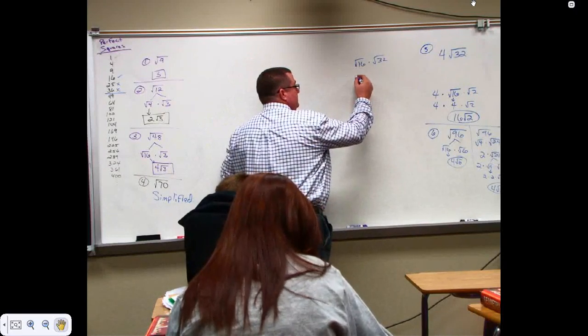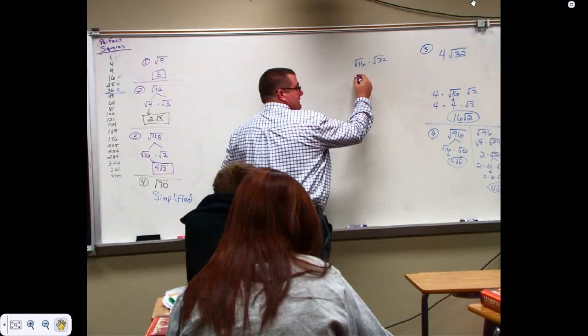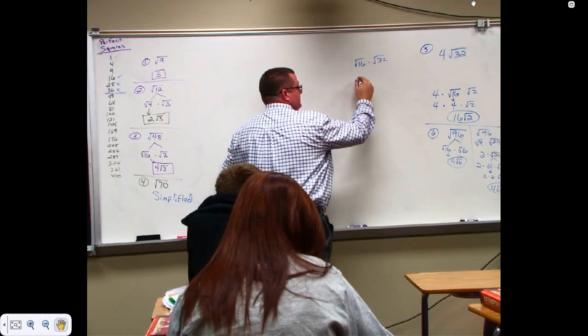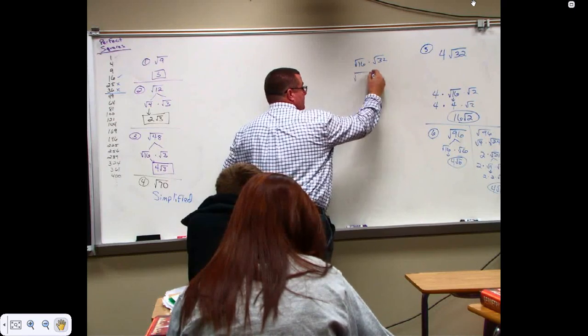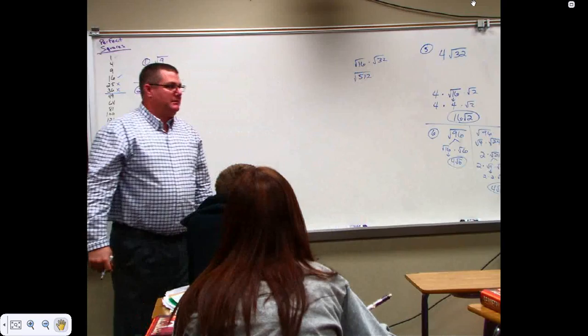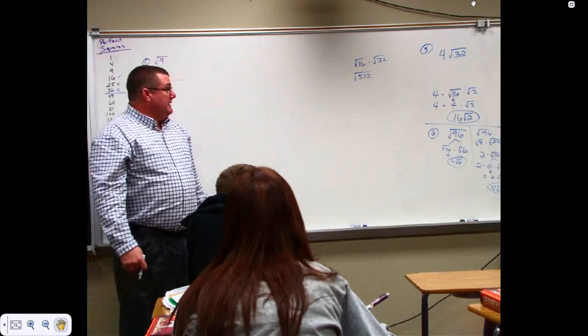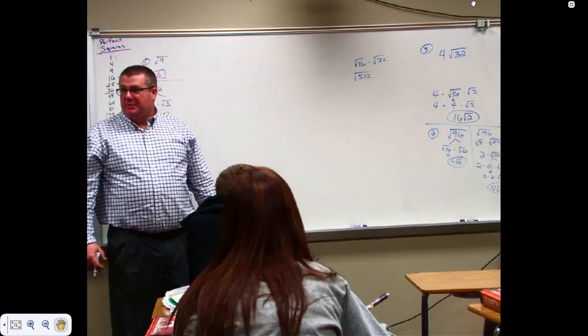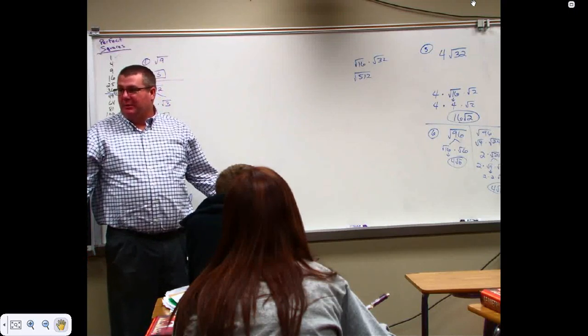Big number. Somebody do it for me. 512. It was really nice to make that so small with a 16, wasn't it? It didn't end up being the largest perfect square, but at least I got it down to a smaller number, right?